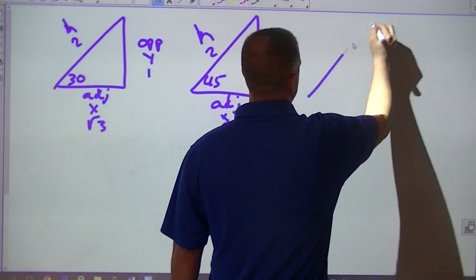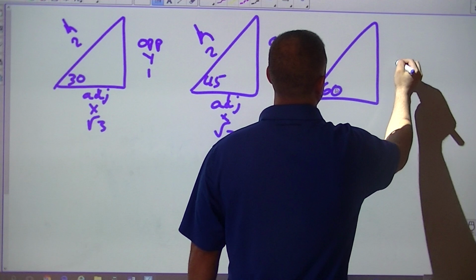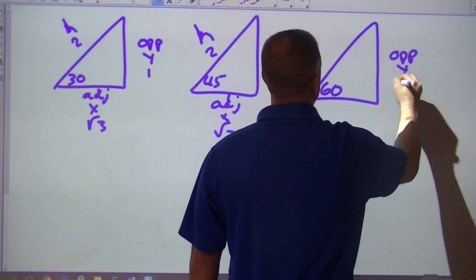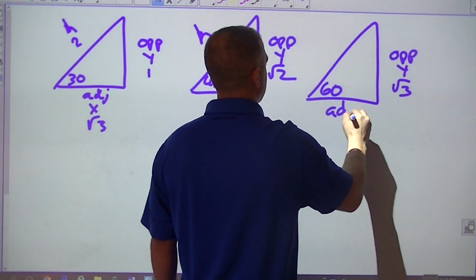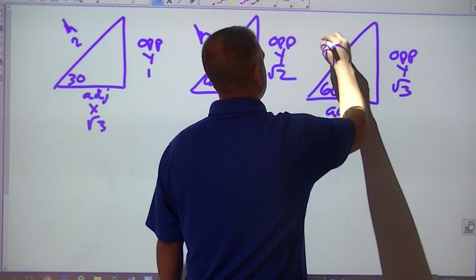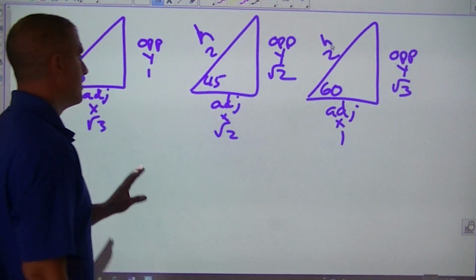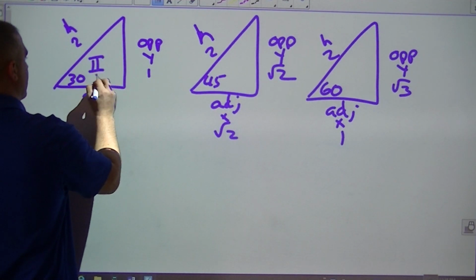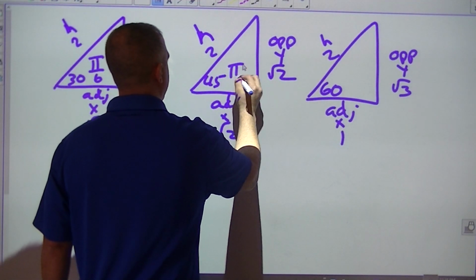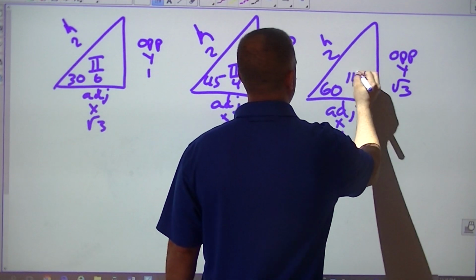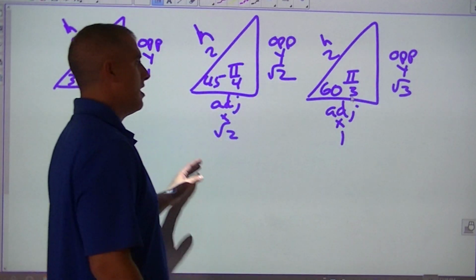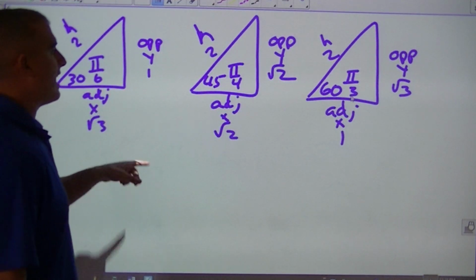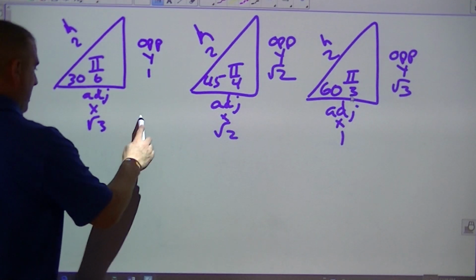We had a 60-degree triangle. Okay, it was this. Now, when you convert that to pi, this will be pi over 6. This will be pi over 4. This will be pi over 3. Okay? So the radian measures will link back to this.